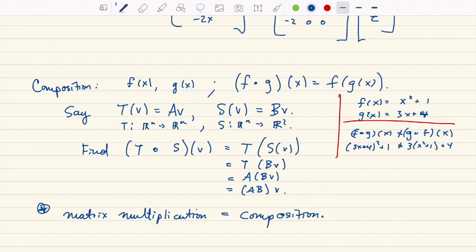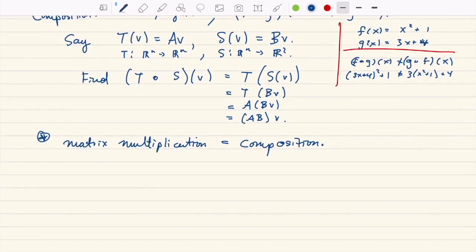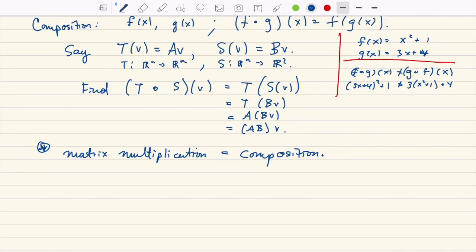And so what that reinforces is that in general, composition of linear operators is non-commutative. If you were to have two linear operators, T composed with S and S composed with T are in general not going to be equal.